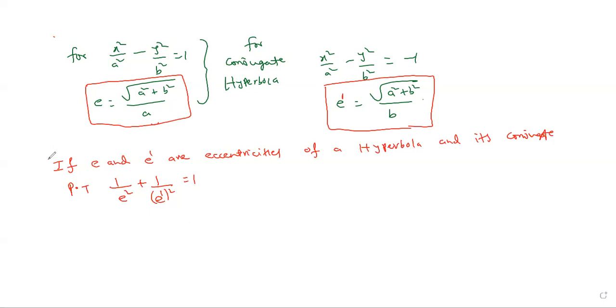Okay. Now e is the eccentricity of hyperbola S equal 0. e is equal to, by the formula we already know, under root a squared plus b squared by a.